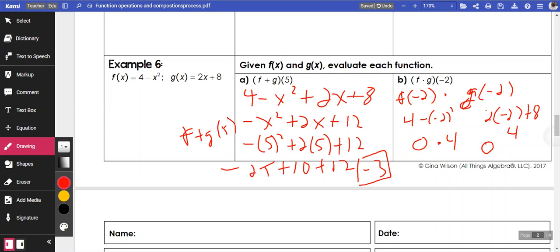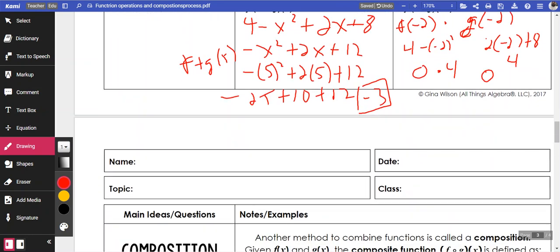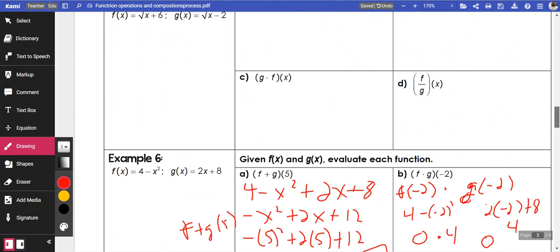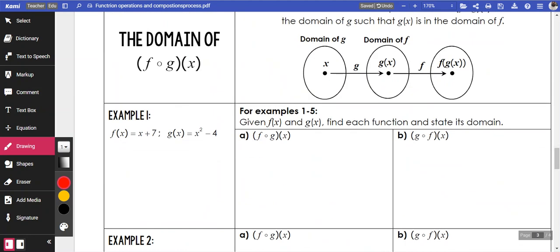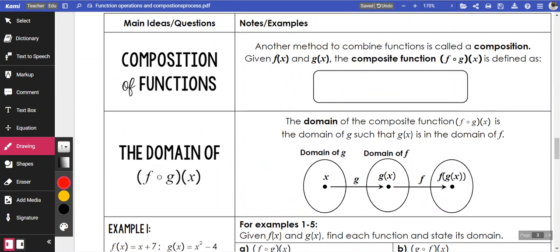Moving on, let's talk about the composition of functions. This is interesting because when you do composition, you start from the inside out. So you have f of g of x.